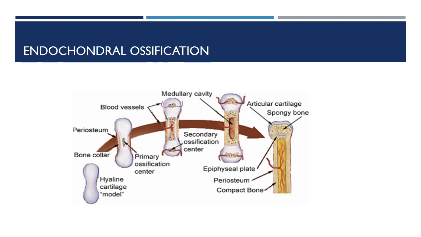So we have chondrocytes present inside the hyaline cartilage, right? As the bony collar forms, this is going to cut the nutrient supply of the hyaline cartilage model. And the cells present inside the hyaline cartilage will start to die because they are not getting nutrients.